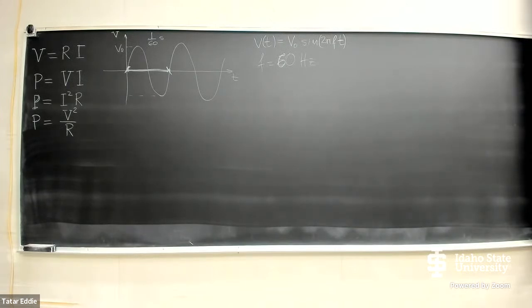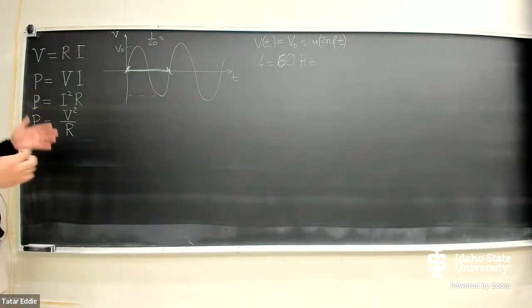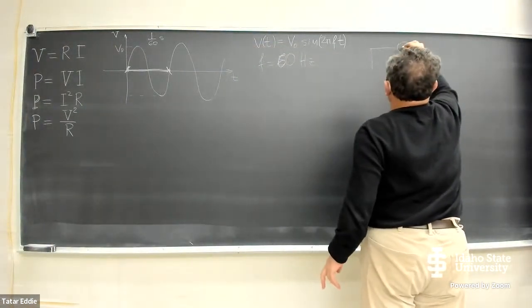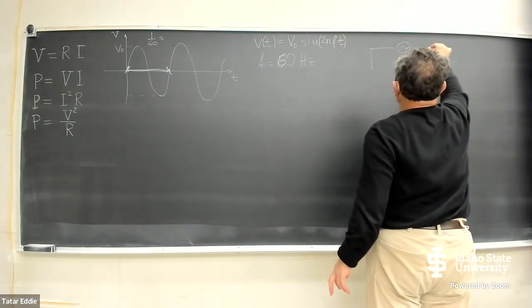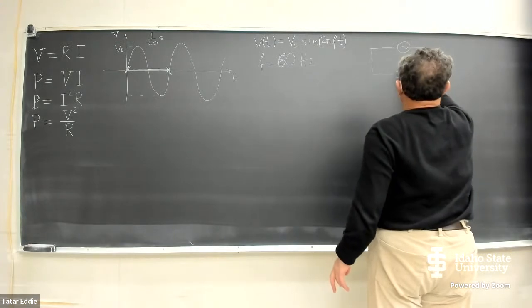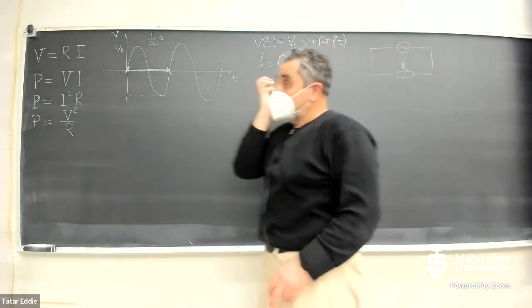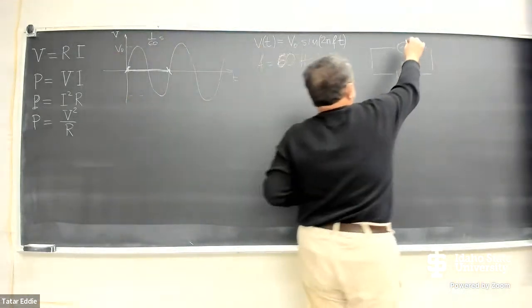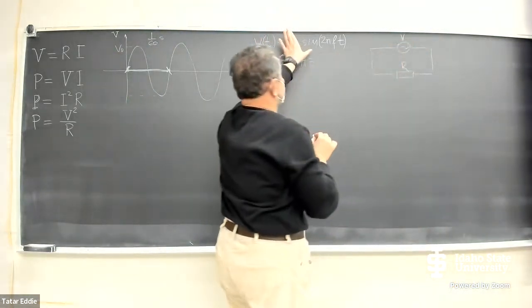Okay, well, so you have a simple circuit with AC voltage like this, and a single resistor with resistance R connected to it. Well, the voltage as a function of time is given.